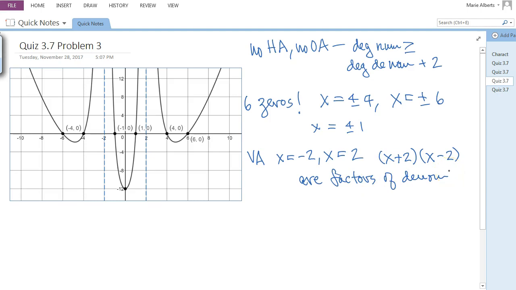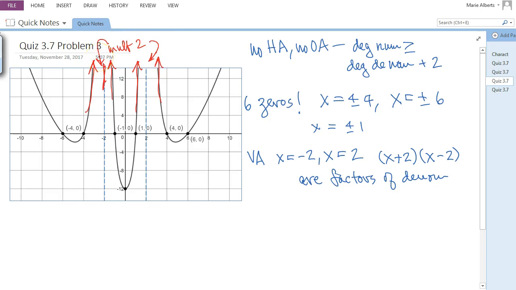But we know something more than that, which is quite interesting. We haven't seen it very often before. And that is that at the vertical asymptotes, we have multiplicity 2 for each of these asymptotes.